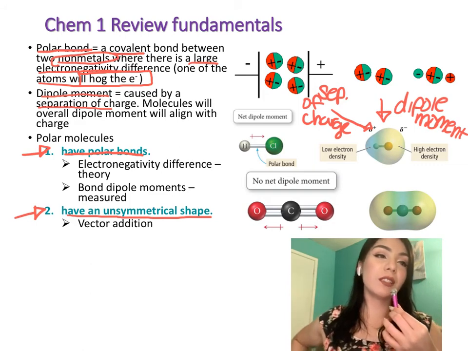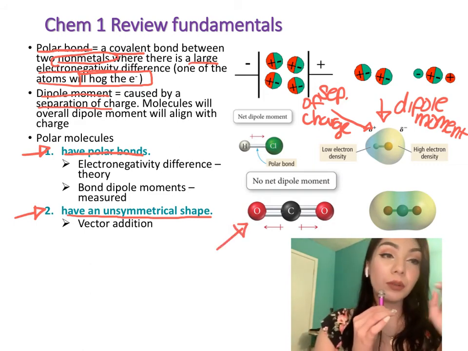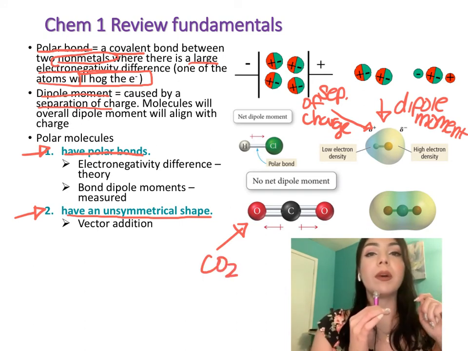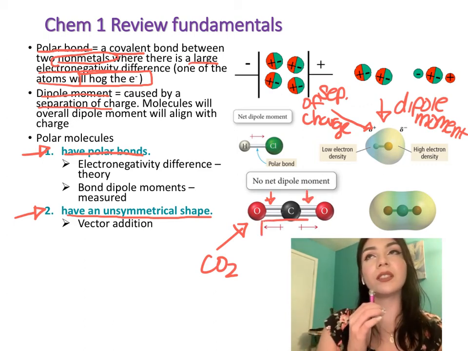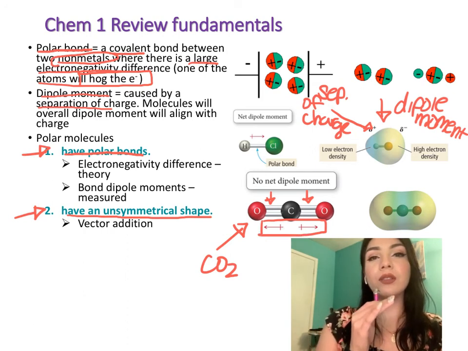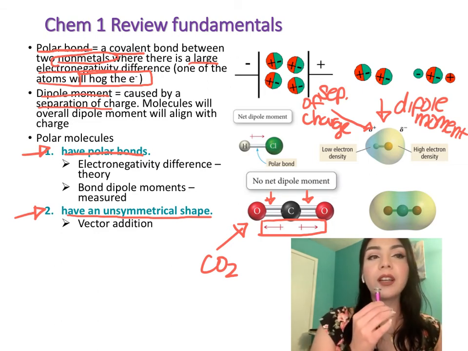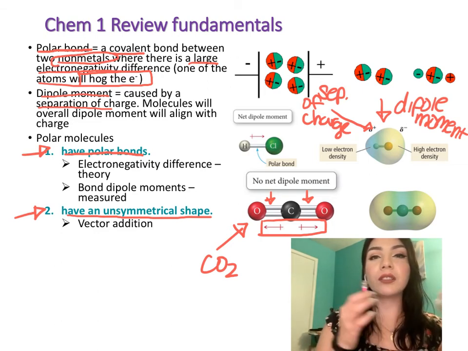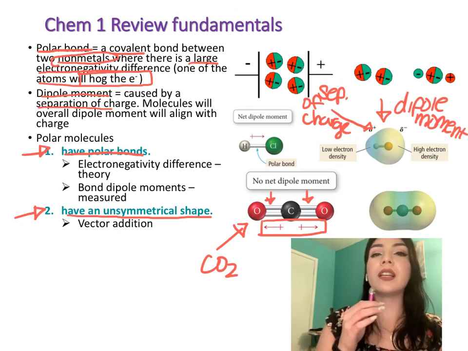And the reason for this is if we look at, for example, CO2. CO2 has two polar bonds, right? Each carbon to oxygen bond is polar, but when you look at the vector addition to this, and this is math and physics, which I don't want to get into, I just want to present it the easiest way possible. But think of it like a tug of war. So each of these oxygens on each side of the carbon are pulling electrons towards it.